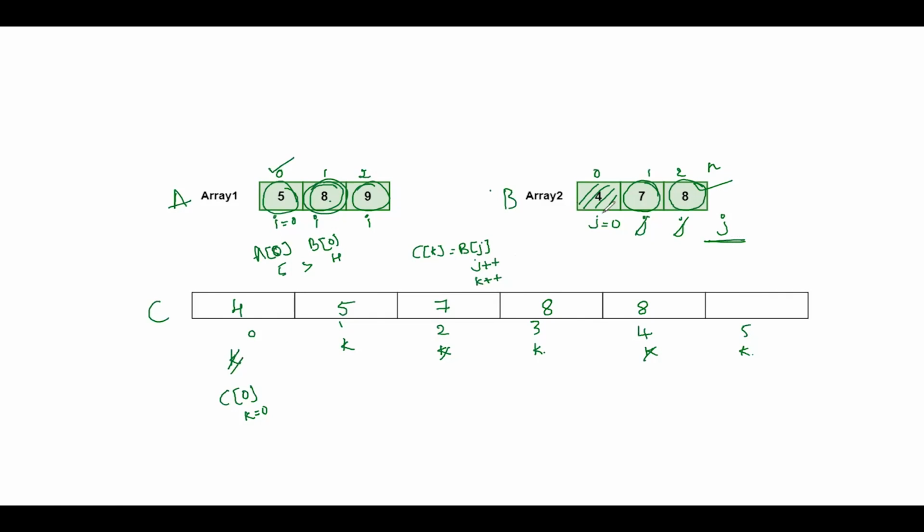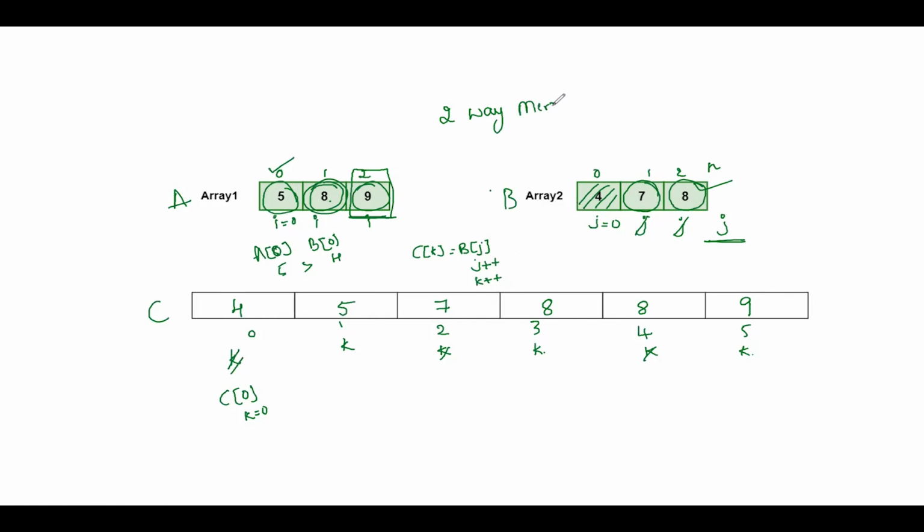And what we can do is check if A also has crossed its last value. In our case, it has not crossed. So whatever the remaining values are there, we can simply copy them into our resultant array. So this is the basic logic of the array merge.